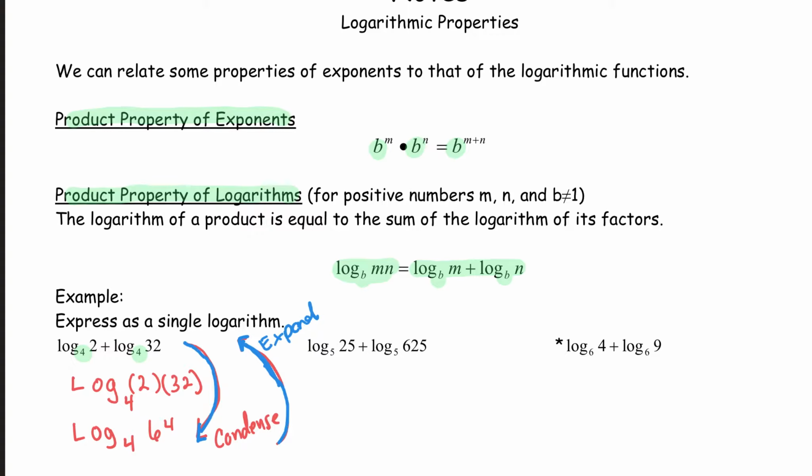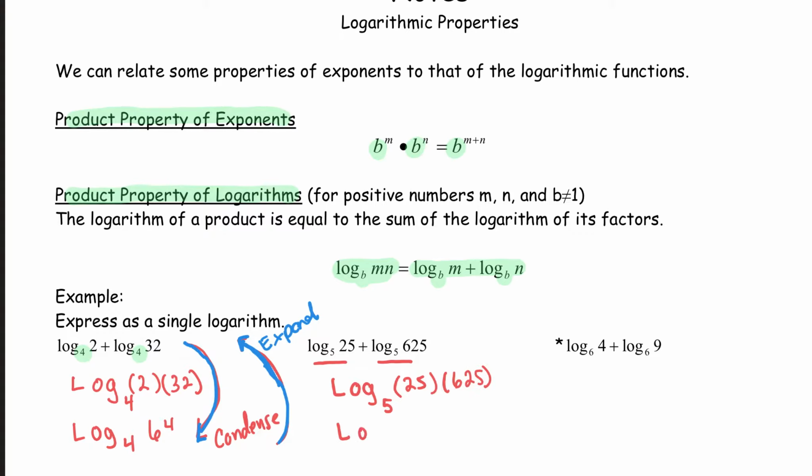We have log base 5 of 25 plus log base 5 of 625. So we look at the 2 logs and we ask ourselves, does it have the same base? And of course the answer is yes. So you're going to write log, make sure you have base 5, and then you're going to multiply 25 times 625.